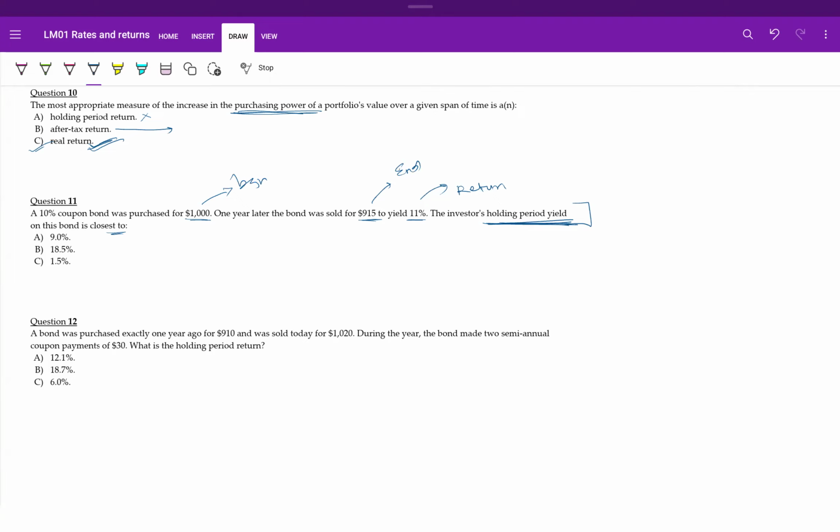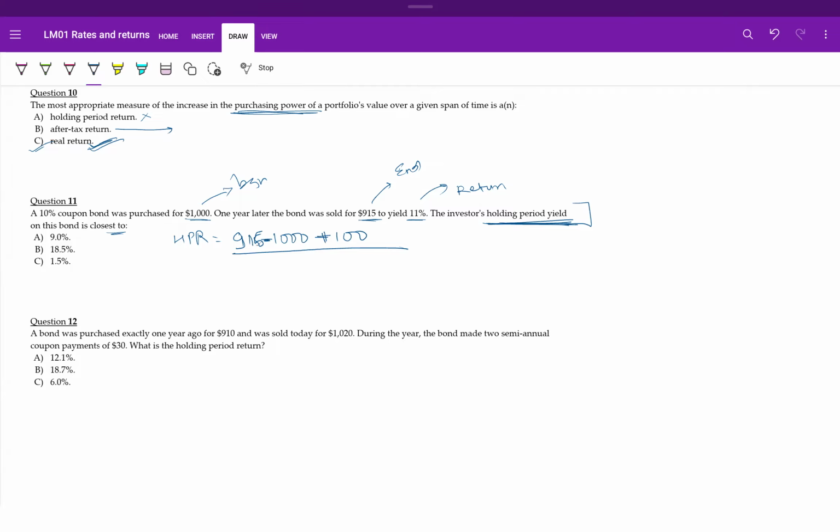If you were to calculate the holding period return, the beginning was 1,000, the ending was 915, you subtract 1,000. A 10% coupon bond means the income from this bond was 100, 10% of 1,000. This is what they have actually received.